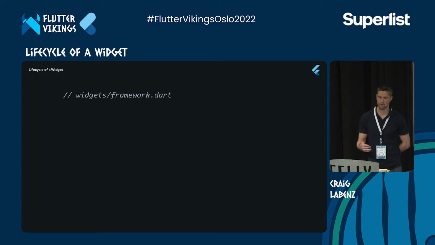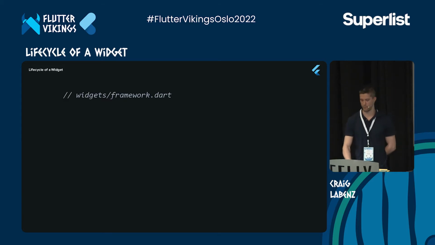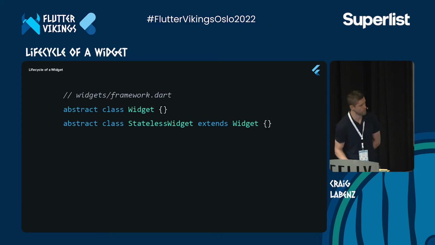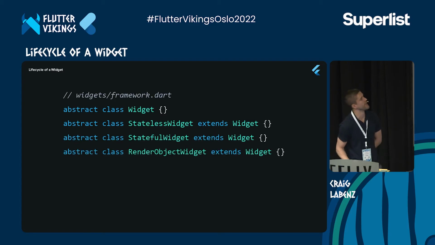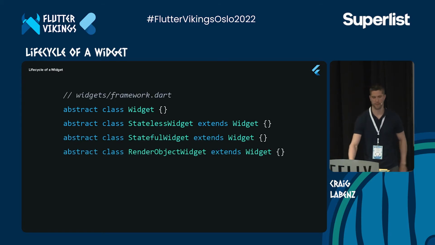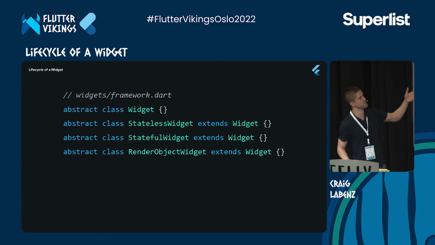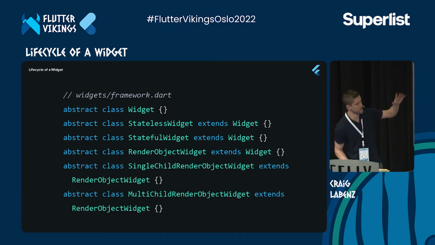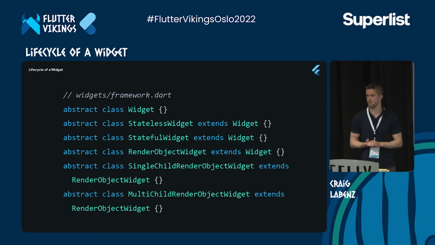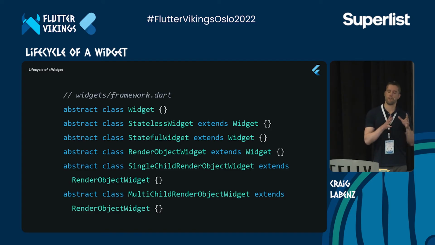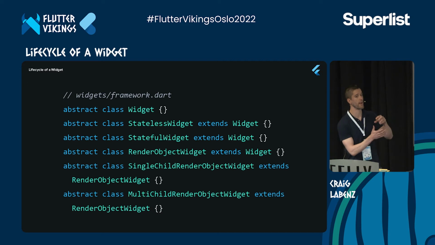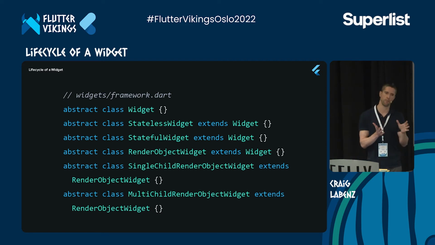And ultimately, there are three main flavors of widget. There are, of course, stateless widgets, stateful, and render object widgets, which also technically has two subtypes, single child and multi-child, but we're not going to worry about those too much. Now, the type of element that each flavor of widget returns from that create element method is super important.